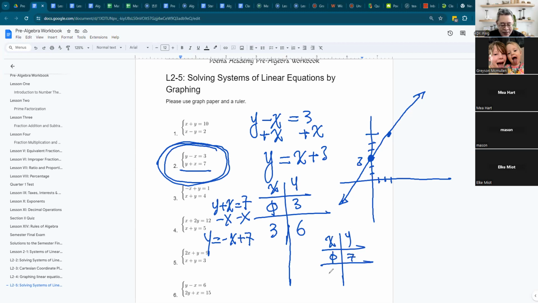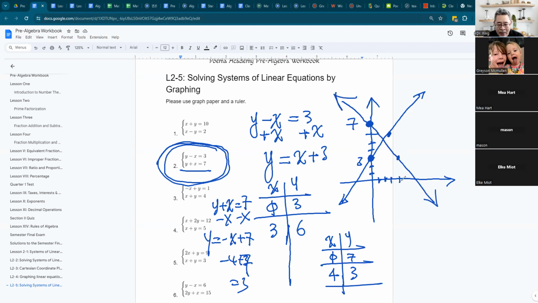And let's say x is 4, then we got 3, because negative 4 plus 7 is 3. Okay. So 0, 7, 1, 2, 3, 4, 5, 6, 7, we got here. That's our y-intercept. And 4, 3, 1, 2, 3, 4, 1, 2, 3 will be here. And then we connect them here.